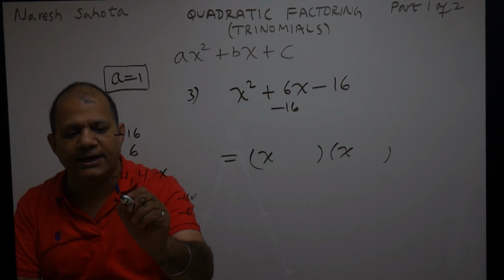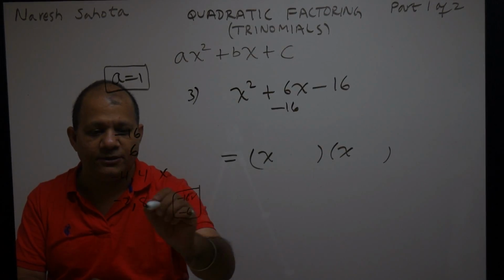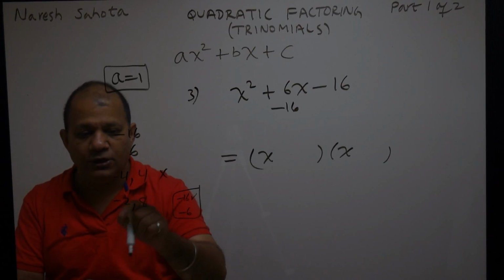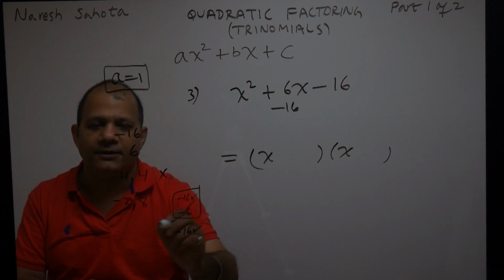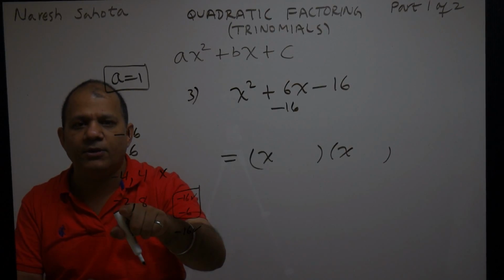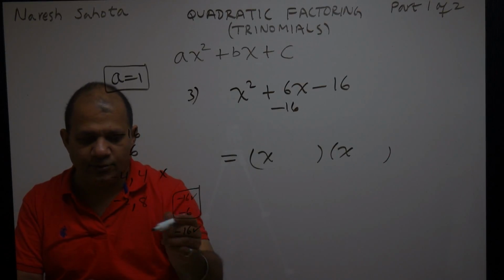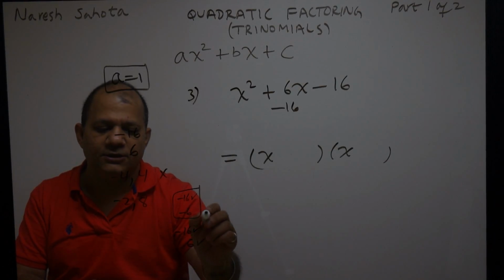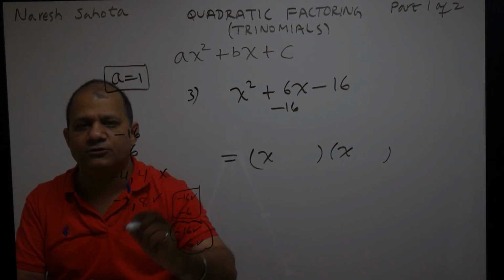Let's make the 2 negative and the 8 positive. So what's negative 2 times 8? I get negative 16. That checks. Now what about when I add them? Negative 2 plus 8 is the same as 8 take away 2, and that is 6. So this combination works.